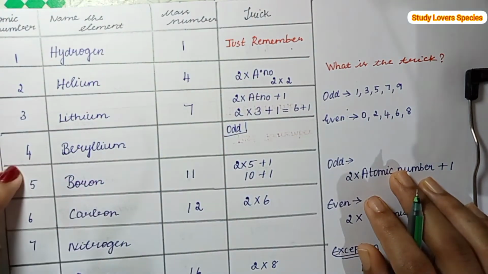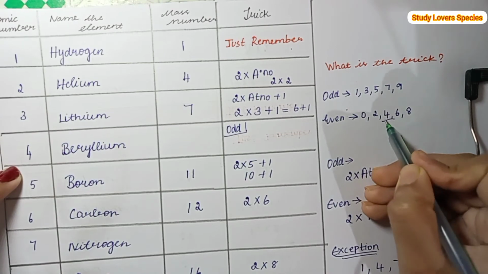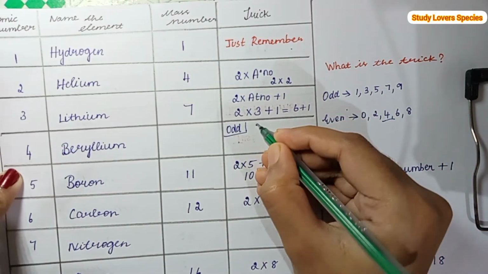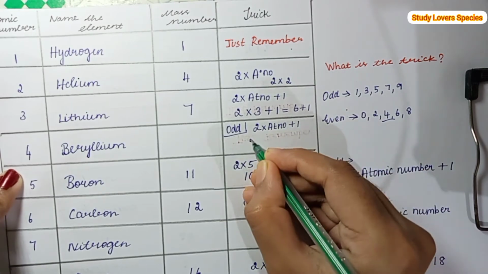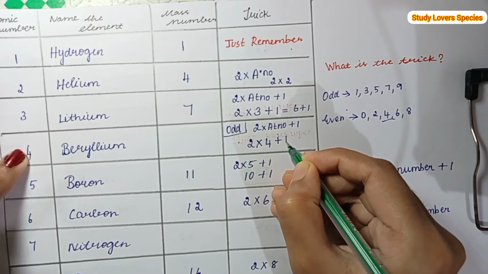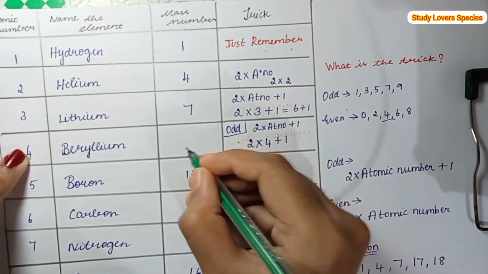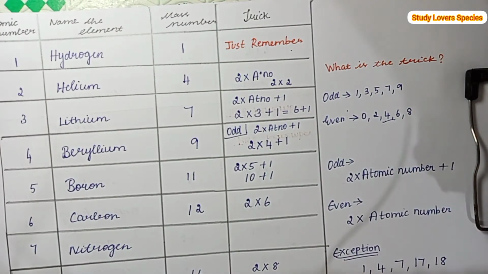Okay, understood? 4 is actually an even number, but you have to use the trick of an odd number, that is 2 into atomic number plus 1. That is 2 into 4 plus 1. 8 plus 1 gives you 9. This is the mass number of beryllium.